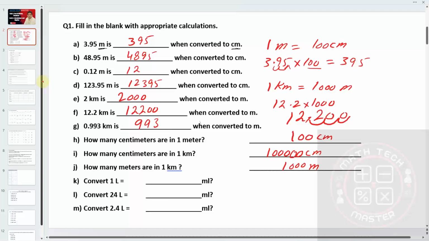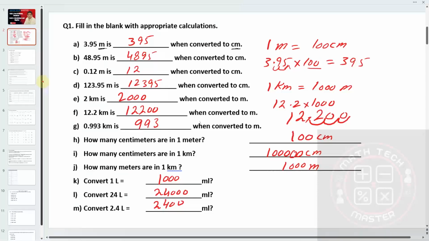Let's convert 1 liter into milliliters. Same is the case. 1 liter has 1000 milliliters. So how many milliliters will there be in 24 liters? Obviously 24,000 milliliters. Now taking the next step, 2.4 liters will carry 2,400 milliliters.